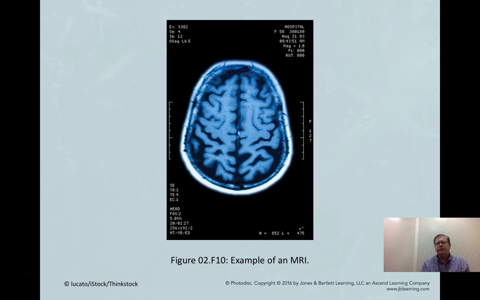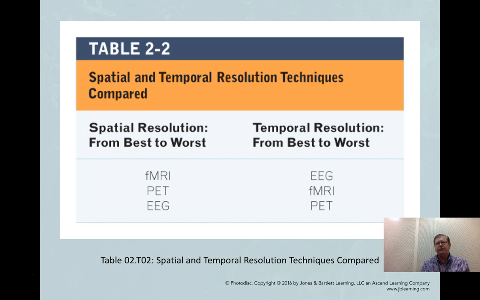For the time being, what we have is a technique called functional MRI, functional magnetic resonance imaging. And the functional magnetic resonance imaging, or fMRI, is in fact about as good as we can get for combining structure and function in a useful way.